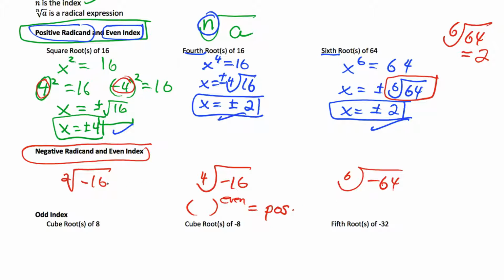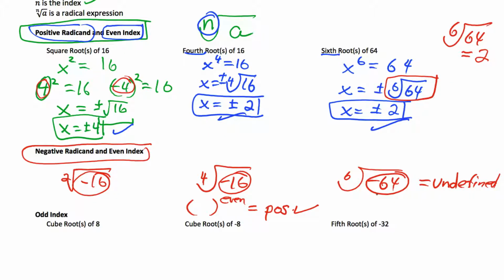So you're not going to have roots for any of these scenarios. So anytime you have a negative radicand with an even index, your answer is going to be undefined. There are no values which, when raised to an even power, will produce a negative.